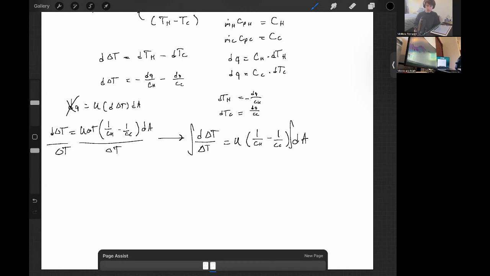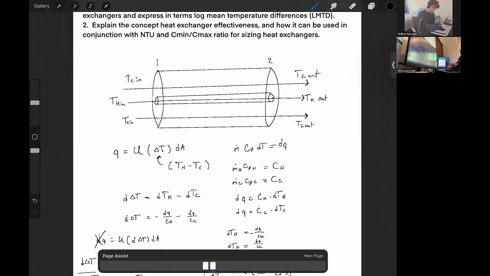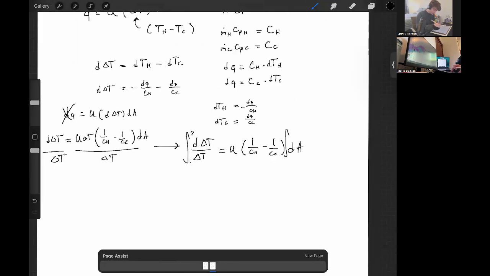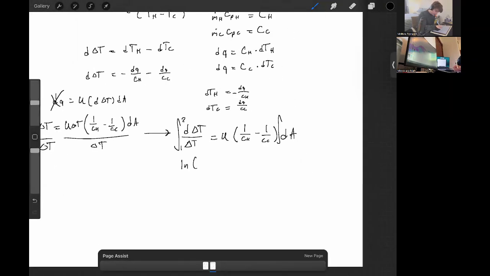So we can see on the left side in this case, I marked it over here. Our beginning position is 1 and our ending position is 2. So we're going to integrate from 1 to 2 to find this gradient. And when we do, we get natural log of T2 over T1, or change of T2 over change of T1 equals U multiplied by A. And this is supposed to be negative because we had a negative before.